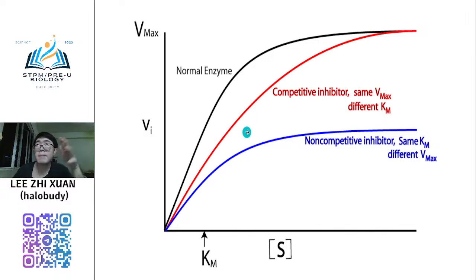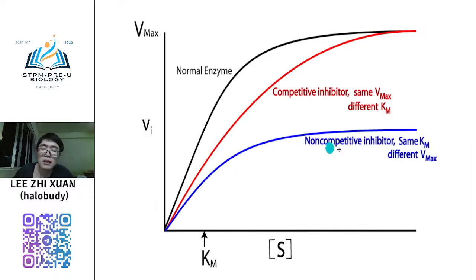But when your substrate concentration is increased, the competitive inhibitor will be released from the enzyme, so the other 20 affected enzymes can work again. Once the inhibitor is released from the active site, the enzyme can work. So the solution still has 100 enzymes that can work, just that initially they could not.